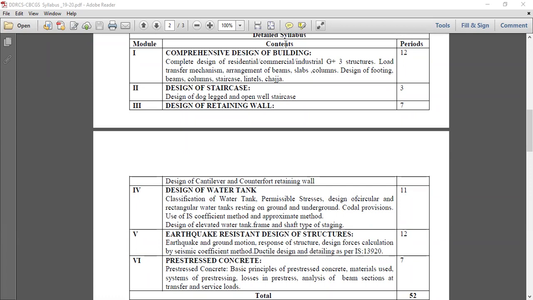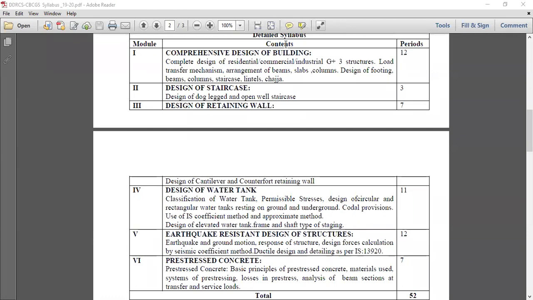Based on material, concrete, steel. Okay, and shape. Based on the shape we have circular water tanks, rectangular water tanks, spherical water tanks, and we also have Intze tanks. These are the various classifications based on the shape.